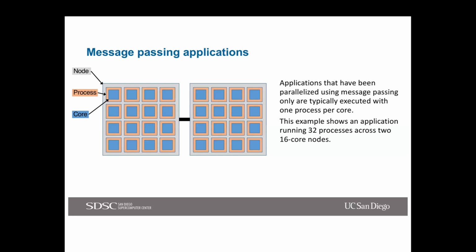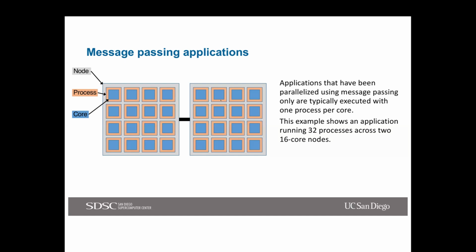So for MPI applications, if your application is purely MPI, and there's no threading, you would start multiple processes on each node. Since you have 16 CPU cores per node here, if you wanted to utilize 2 nodes full of 16 CPU cores, you would start up 16 processes per node.